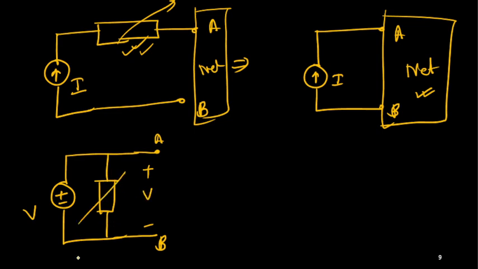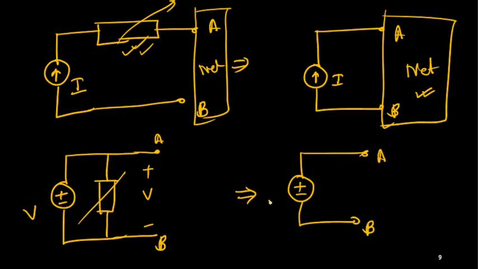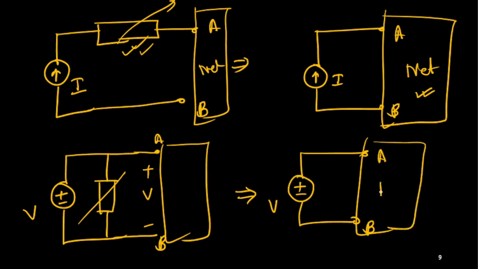So we can simply remove this one and connect the voltage source directly with nodes A and B. So this is the V. If I connect a network here, it is excited the same way, and we are going to get the same result within the network.